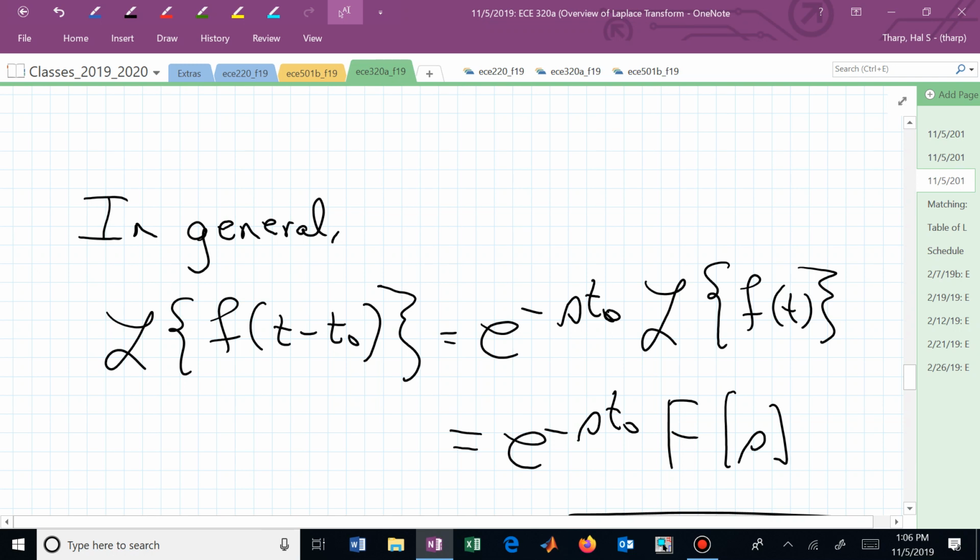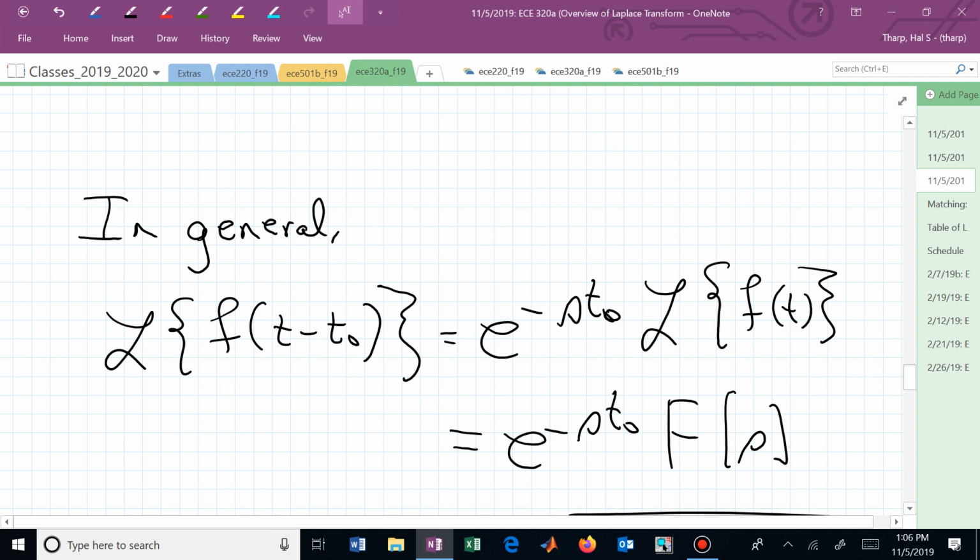If you now delay the argument of a function by some amount t naught, if you knew to begin with the Laplace transform of little f of t, you can immediately find the Laplace transform of little f of t minus t naught. You just take the original Laplace transform, capital F of s, and scale it by what popped out from our unit step delayed expression before, which is e to the minus s t naught.